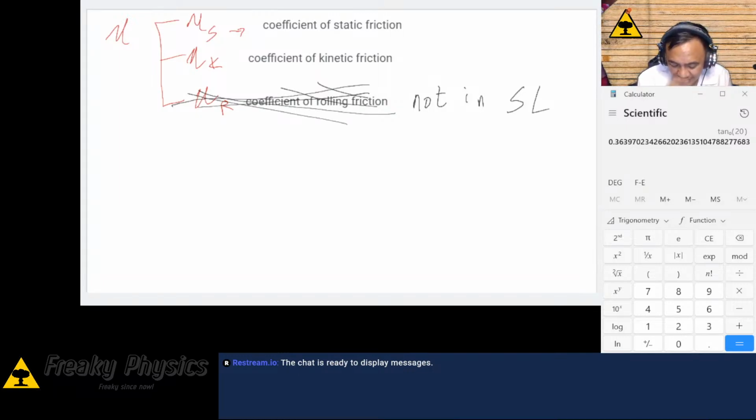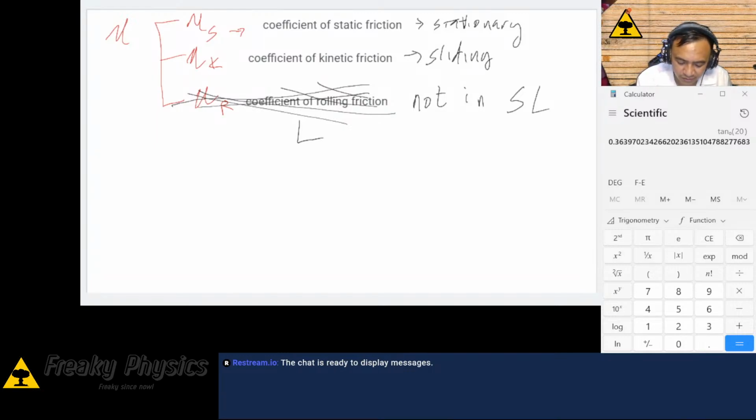Now the idea here is that the coefficient of static friction is what tells you the coefficient when the object is stationary. Coefficient of kinetic friction is the coefficient of friction you need when the object is sliding.